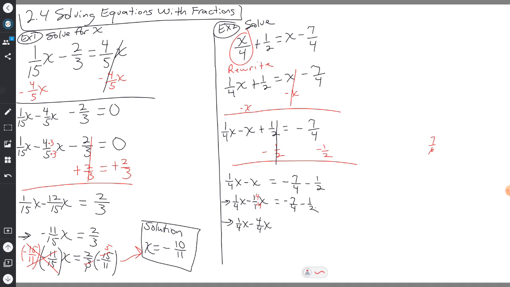Right, so we're multiplying this one by 2 to get 4 in the denominator. All right, so this is what it looks like now. Here we have 1 minus 4. So negative 3/4 x. Over there, we get what?